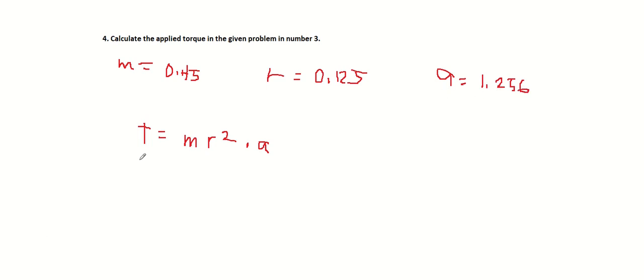Ngayon, yung torque, pwede na natin i-substitute since meron na tayong formula dito na m times squared radius times dun sa angular acceleration. Yung mass natin is 0.45, and then yung radius is 0.125, raise natin sa 2, times sa angular acceleration which is 1.256.